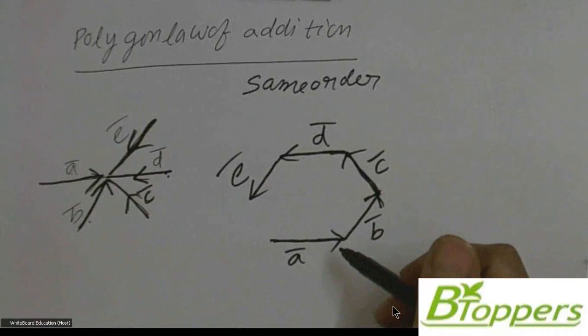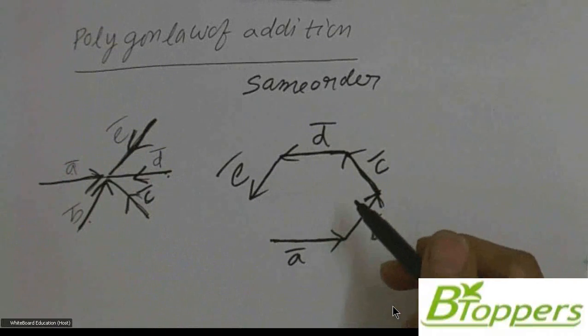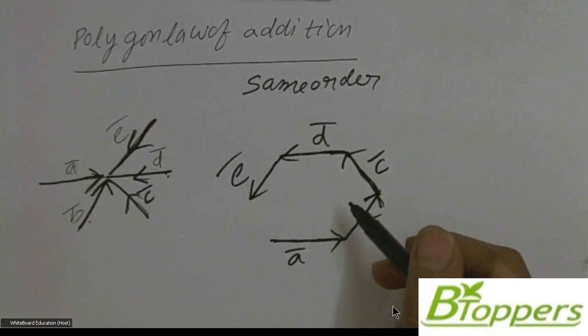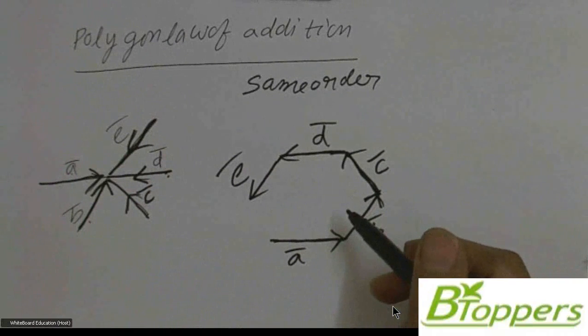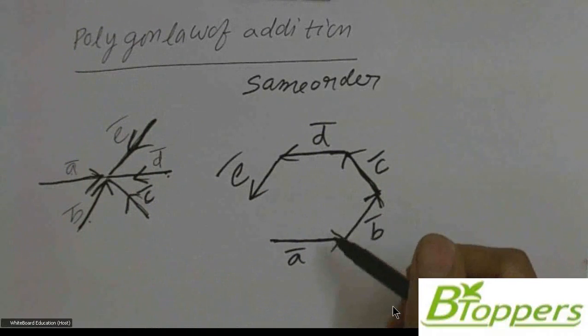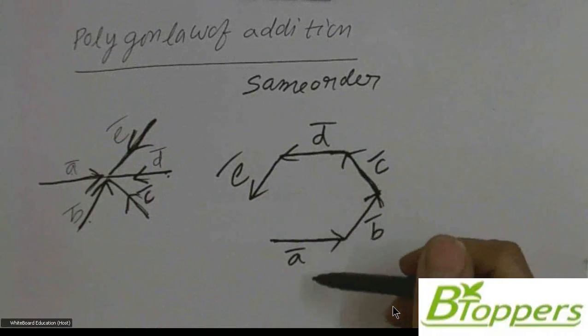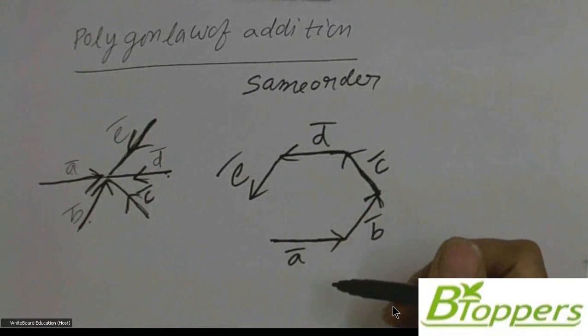Then there are two possibilities. Sometimes the given vectors may form a closed polygon, whereas in some examples the given vectors may not form a closed polygon. So in the given diagram, the five vectors do not form a closed polygon.